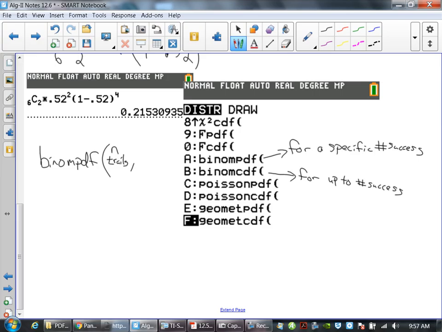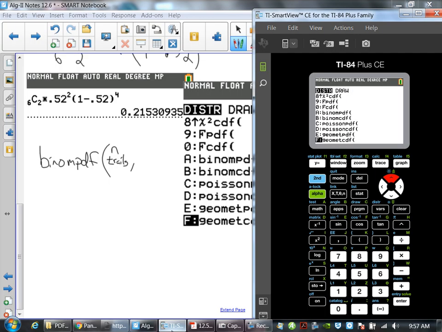The comma button is above the 7. Did anybody's calculators open up to a parentheses right away? No. Okay, I'm going to have to do this 2 different ways then.